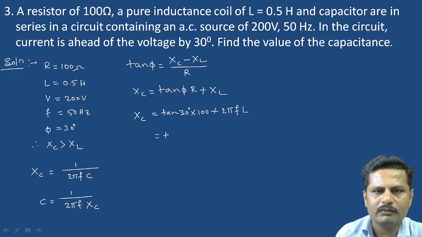The value of tan 30 is 1 by root 3, times 100 plus 2 into 3.142.